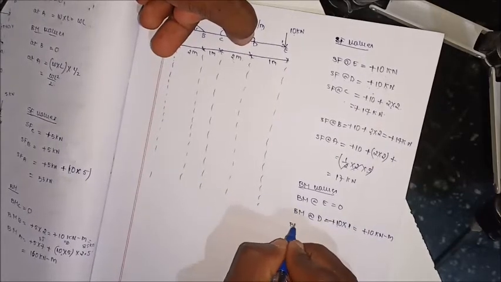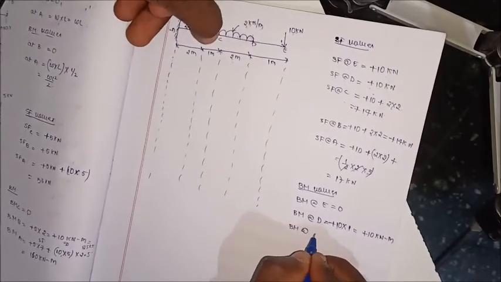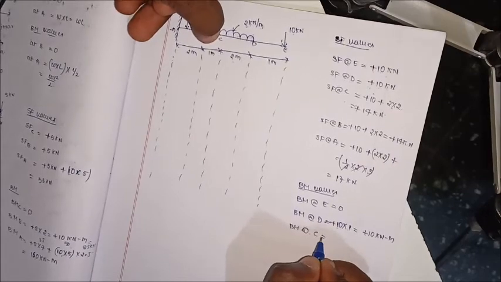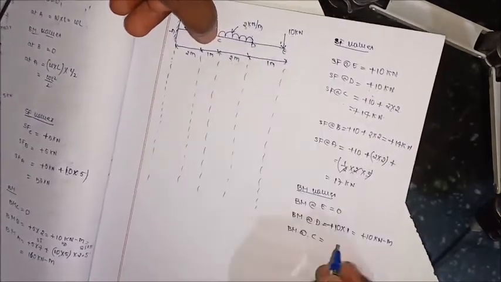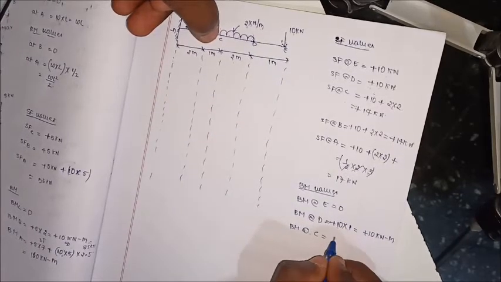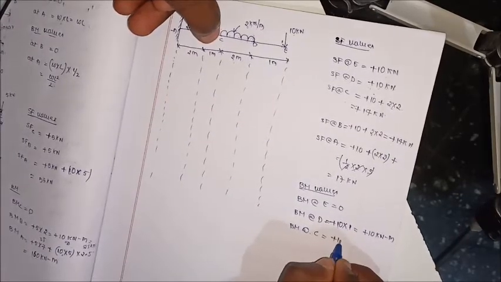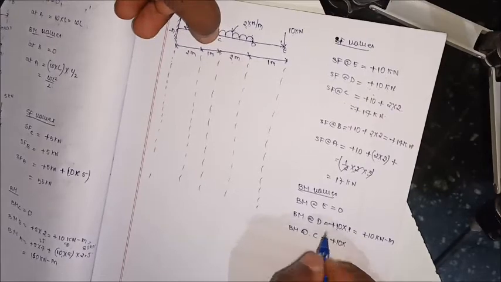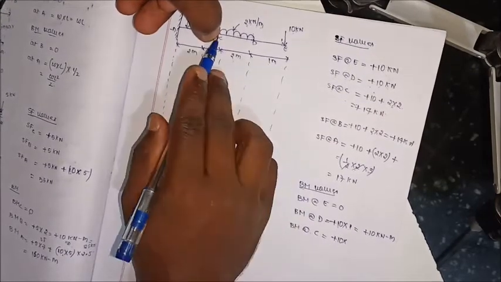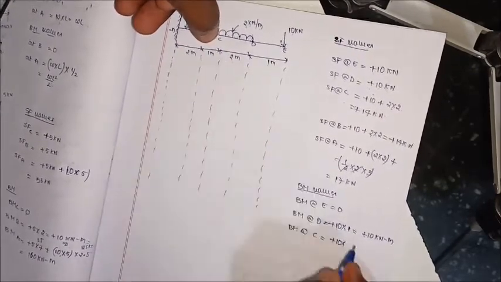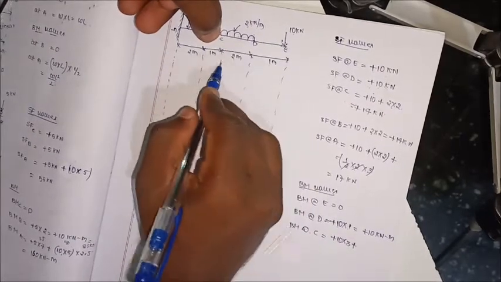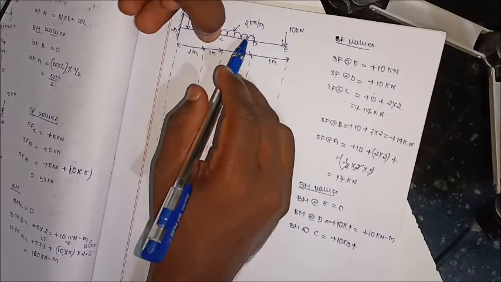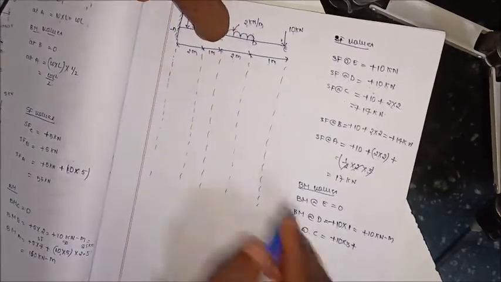Next, bending moment at C. The bending moment at C is the total loads into their perpendicular distances. The positive 10 kilonewtons has a perpendicular distance of 3 meters, from here to here. Due to the UDL the moment is clockwise, so positive.